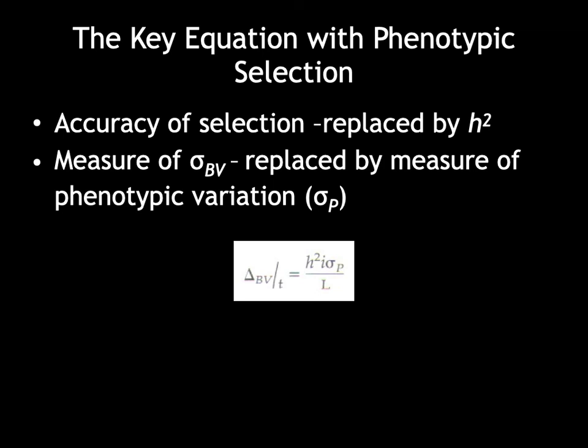So this is another formula to calculate rate of genetic change. You replace those two items, which are heritability and phenotypic variation. Either formula can be used.